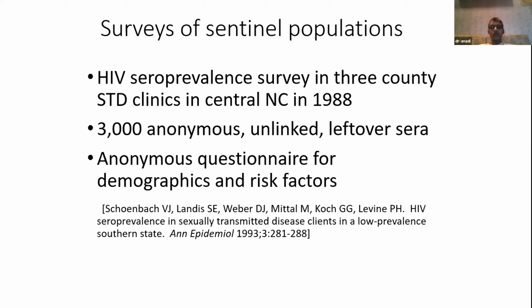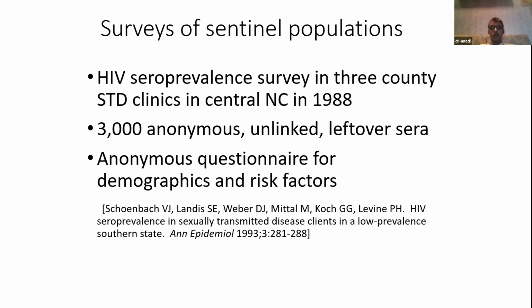The survey of the central Indian population is the largest survey, done in 1993. An HIV seroprevalence survey was done in 3 counties, in STD clinics in central NC in 1988. 3,000 anonymous unlinked leftover sera were taken for consideration.